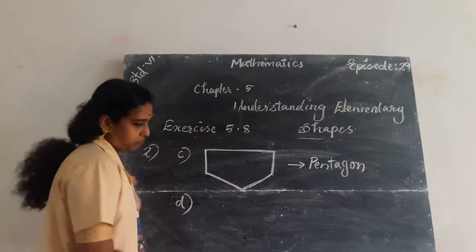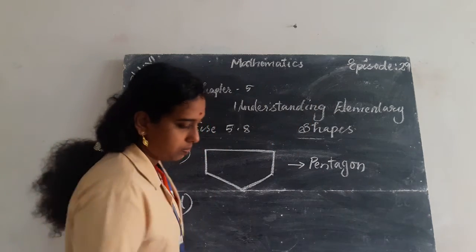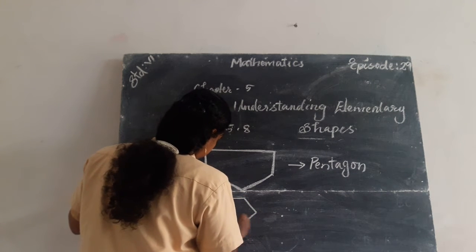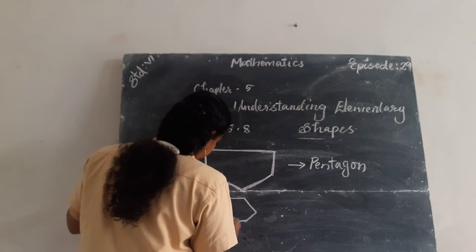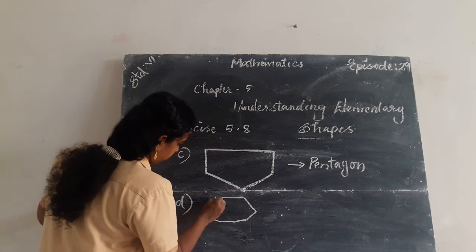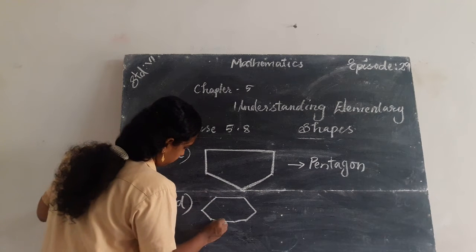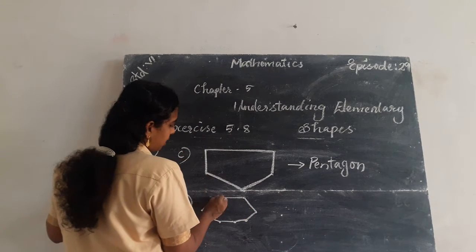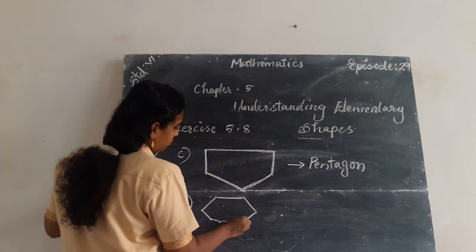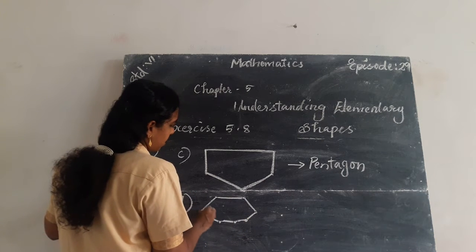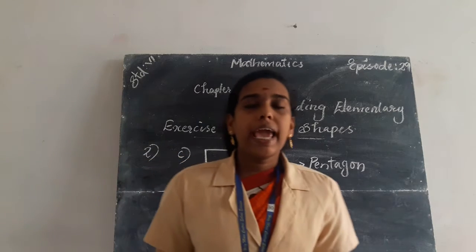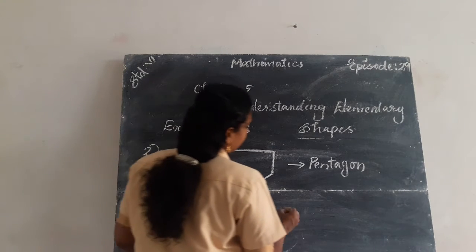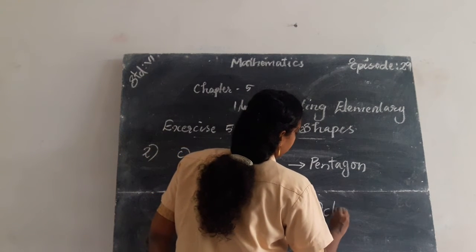Then D. Here, how many sides are there? 1, 2, 3, 4, 5, 6, 7, 8. It's a polygon with 8 sides. The polygon with 8 sides is called an octagon.